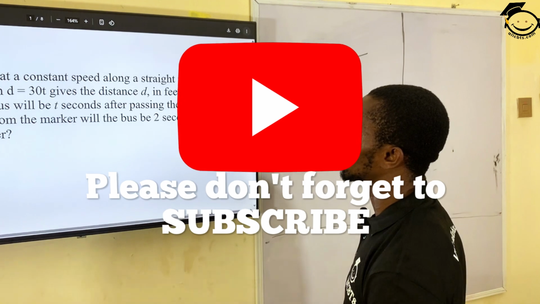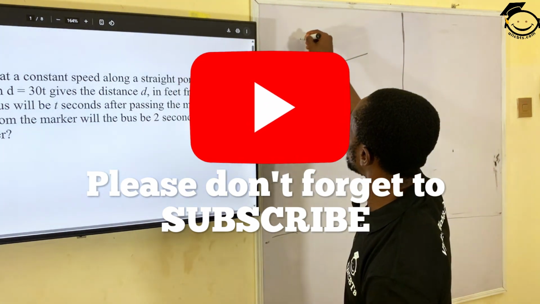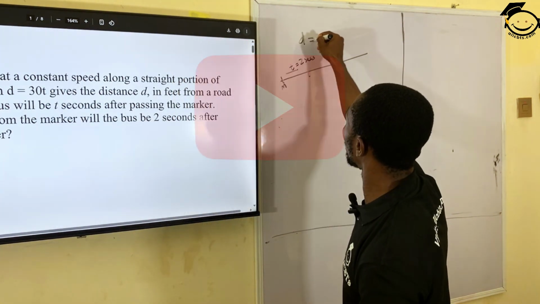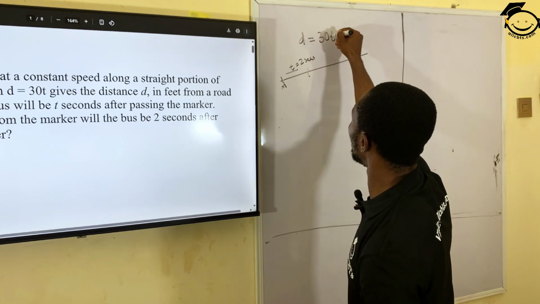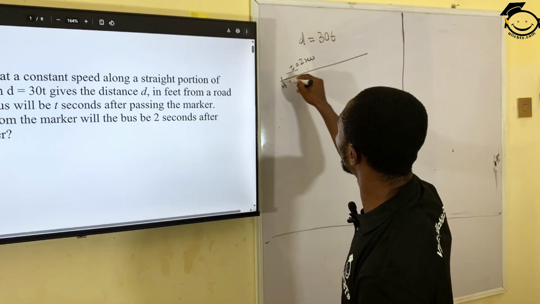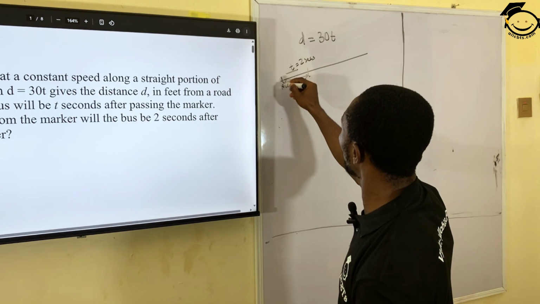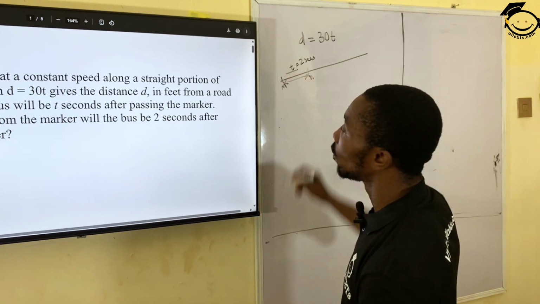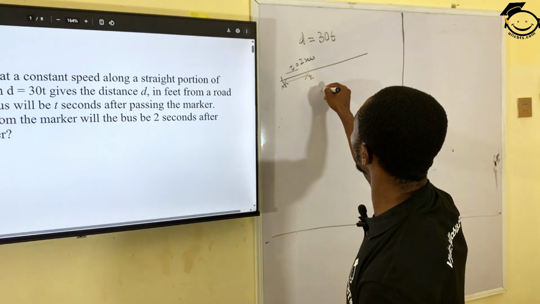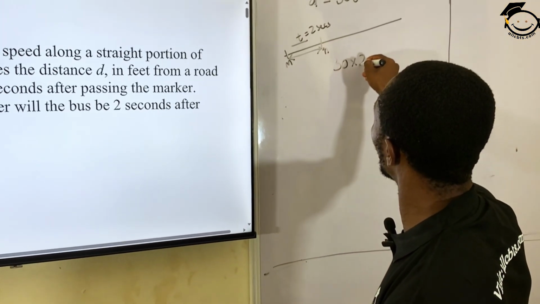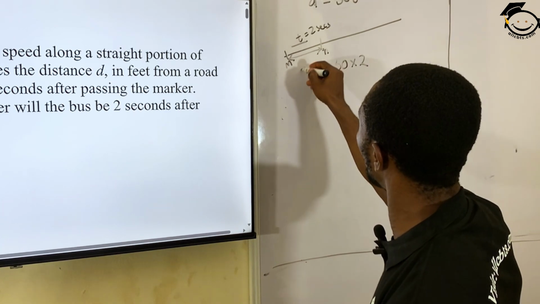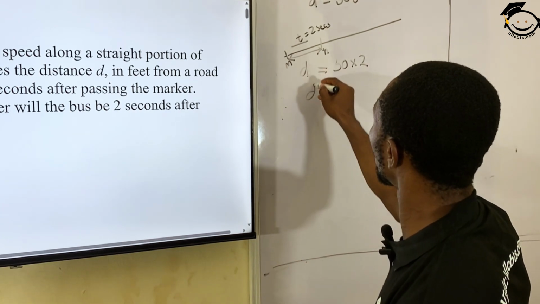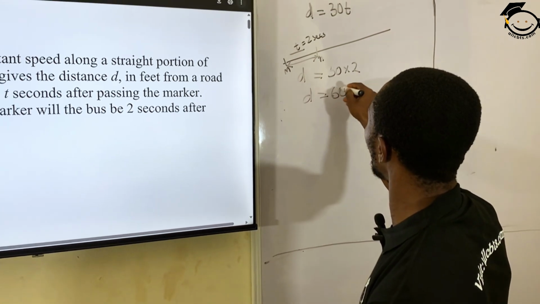From the equation we've been given, d equals 30t. So for us to find our distance, which is from this marking point to this point, let's call this n, this will become 30 times the time, which is 2 seconds, to give us our d. So d will be 60.